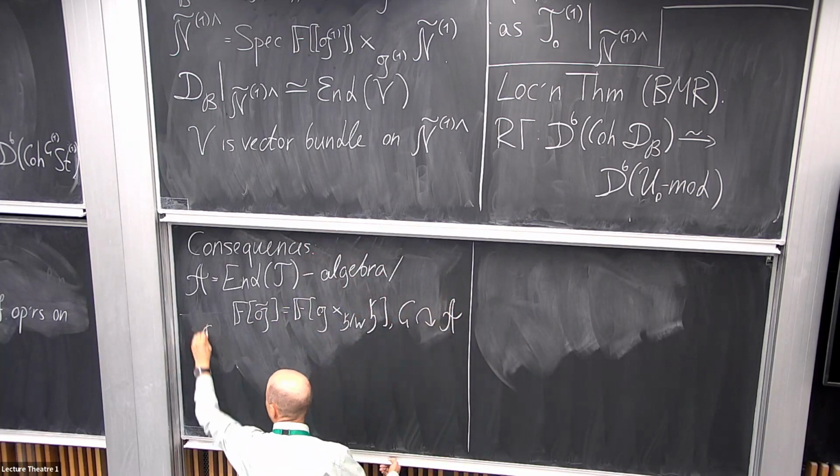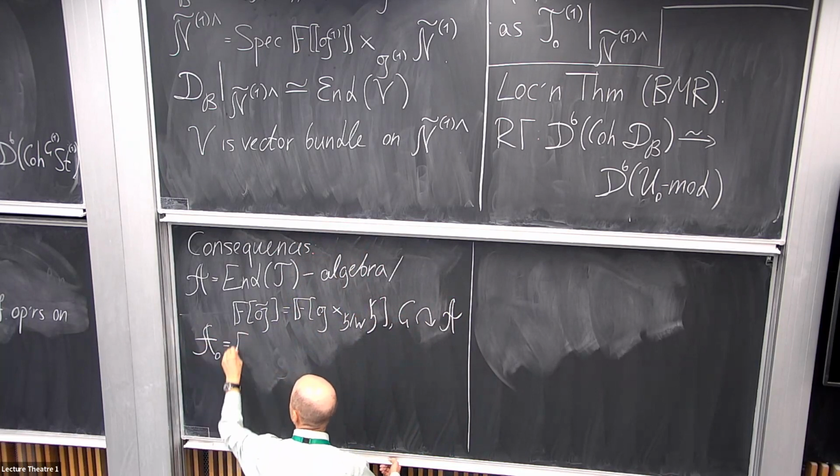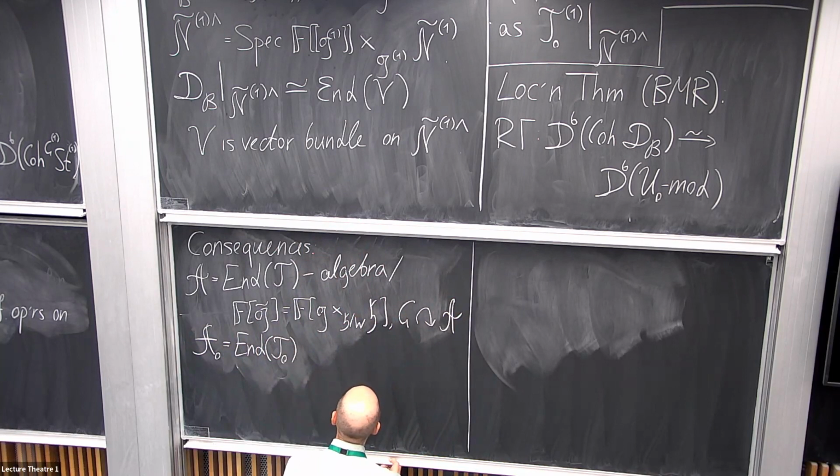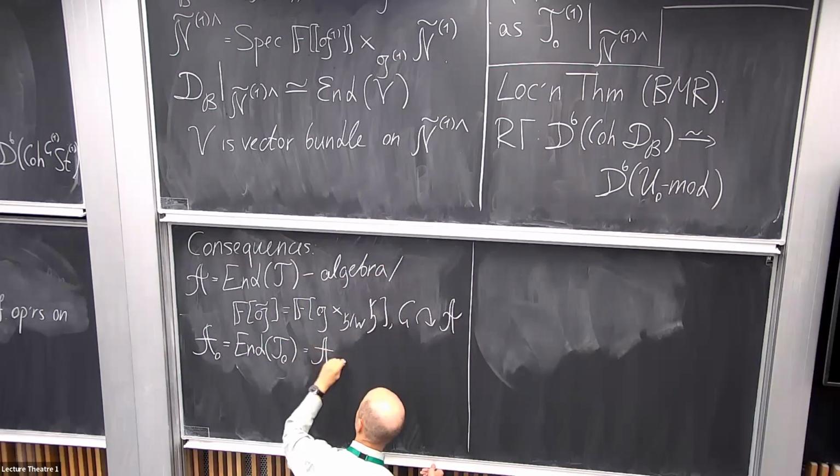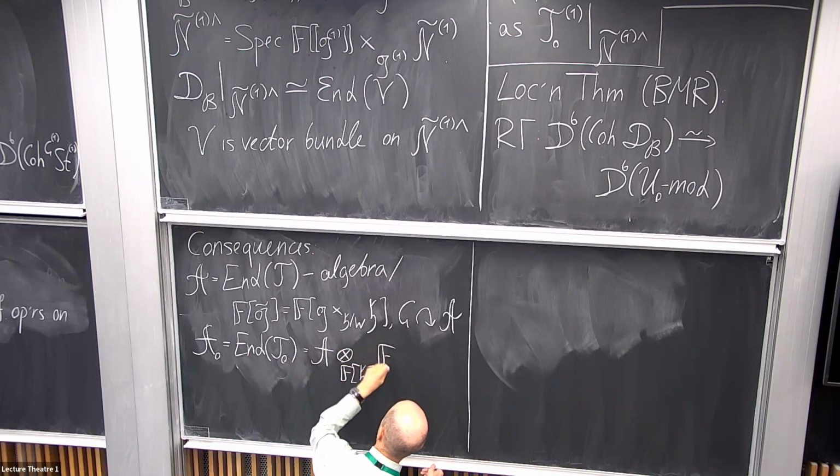And I'm going to care about the algebra A0, which is endomorphisms of T0. And with a bit of work, you can show that it's the same as A tensor over functions on h with functions on h at 0. So I just set variables from h to be equal to 0 here. Okay.